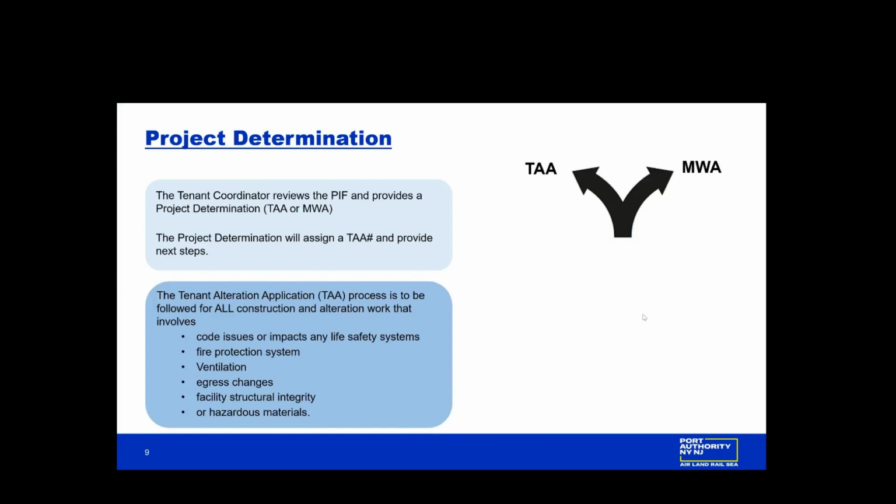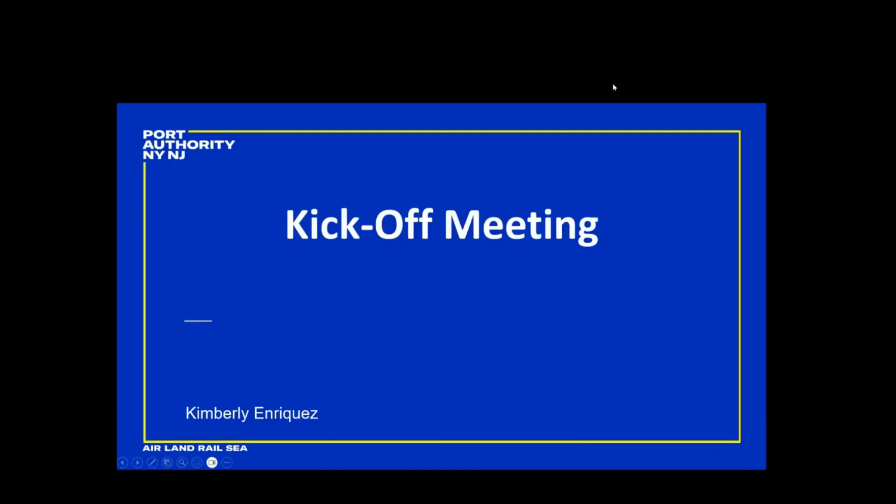The TA process is to be followed for all construction and alteration work that involves any code issues or impacts any life safety systems, fire protection systems, ventilation, egress changes, facility structural integrity, or hazardous materials.